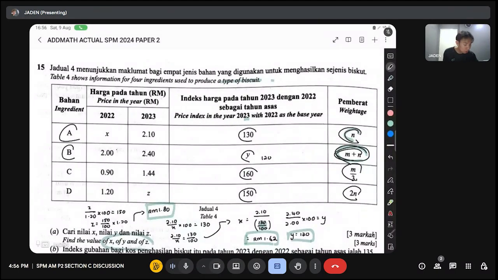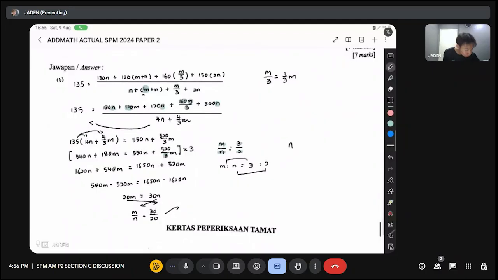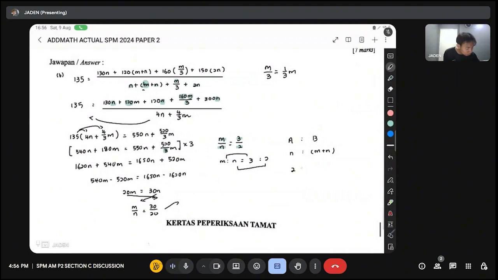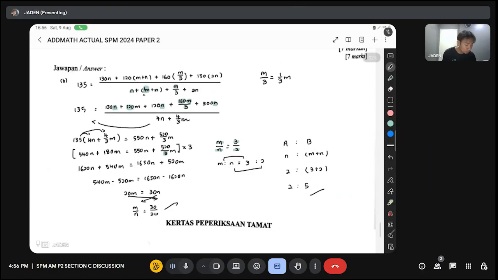So if we talk about A and B ratio, this is n and this is n plus n. Just to double check, yeah. So that means the value here, n is 2, but this is 3 plus 2. So you get here 2 to 5. Okay, so the ratio for A:B is 2 to 5. That is how you solve your question B. Okay, so we are done with B.